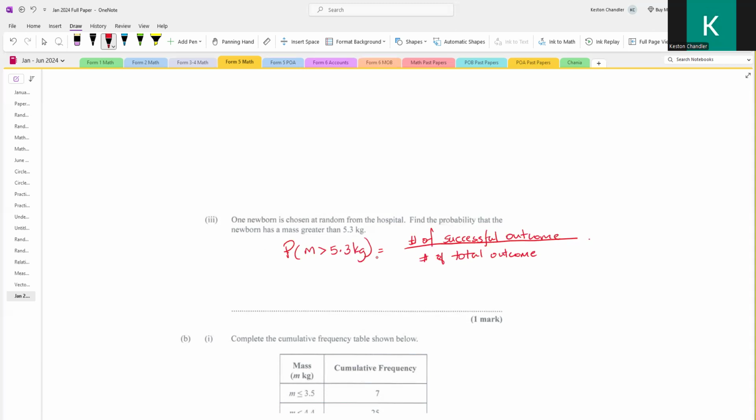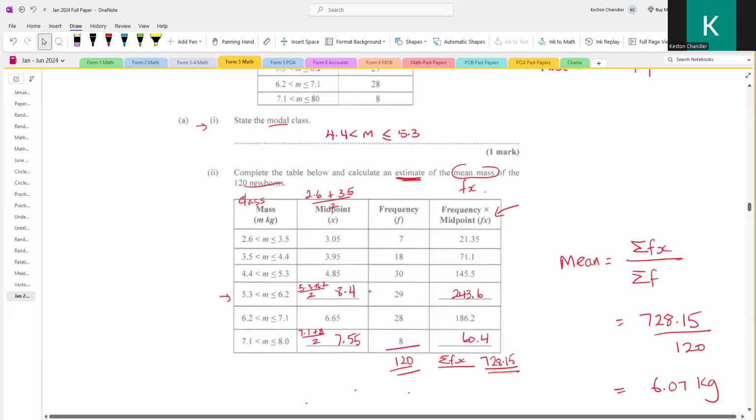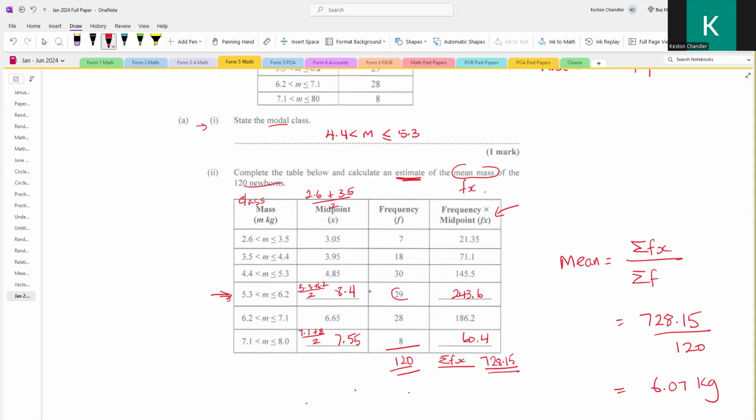So let's go back to our chart. Greater than 5.3. From here, this class says the mass is more than 5.3, so we have 29 babies here. This would also be greater than 5.3 because this is 6.2 to 7.1. And this is also greater than 5.3 because this is 7.1 to 8.